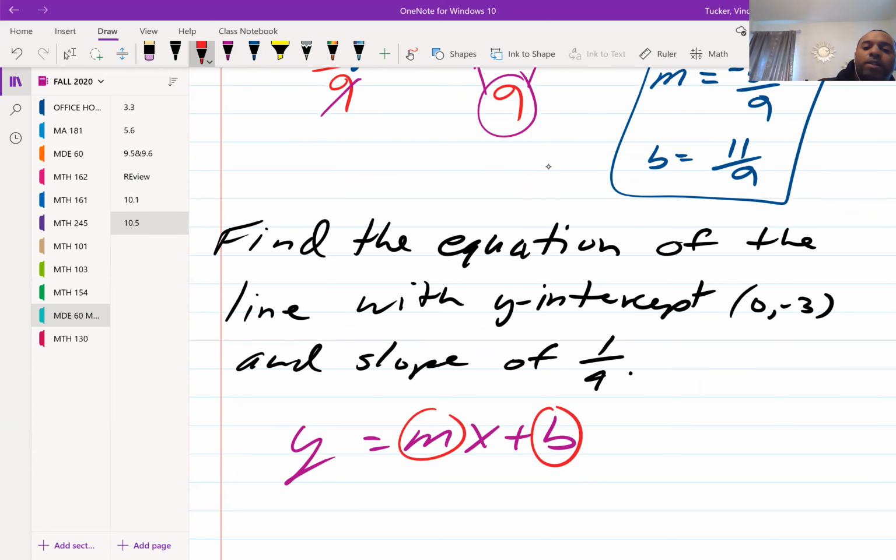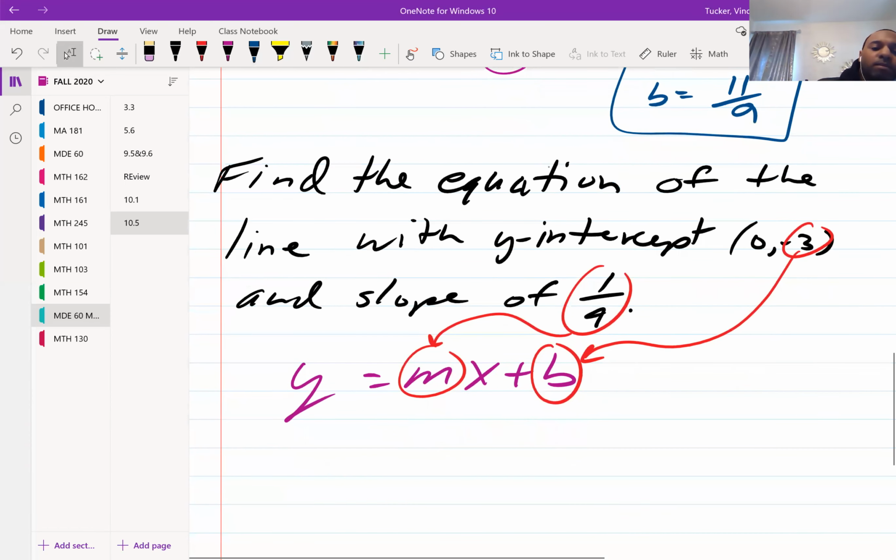We have the slope and the y-intercept, and all we're going to do is plug them in. So y is equal to 1/4 x minus 3.